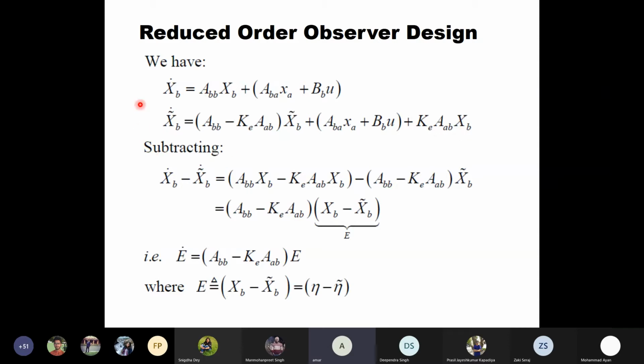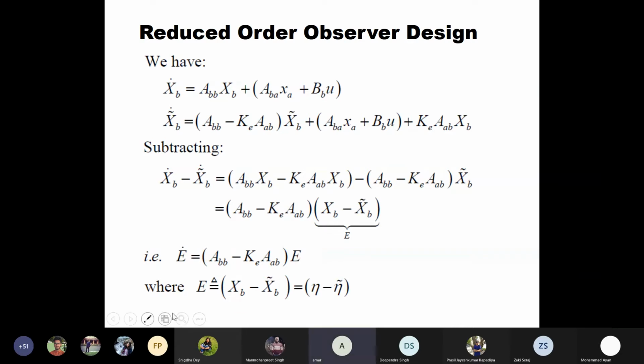Now if I subtract these two expressions, I will get these expressions, which is nothing but (A_bb minus K_e A_ab) times (x_b minus x_b hat). Now x_b minus x_b hat is nothing but the error. So I'll put e dot is equal to (A_bb minus K_e A_ab) multiplied by e.